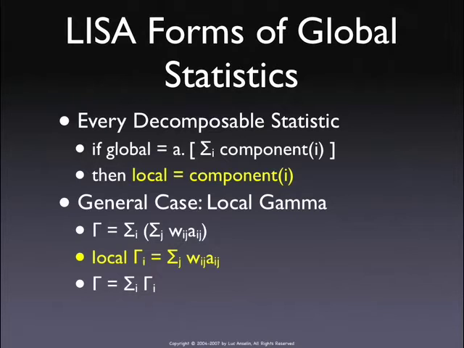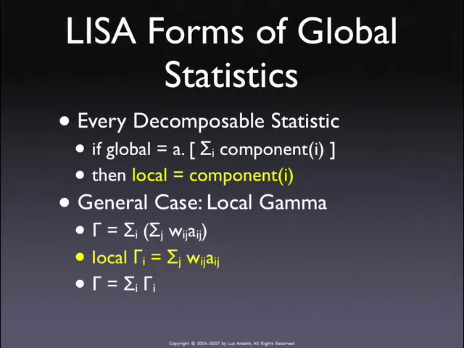For example, for Moran's I, this is a cross product. For Geary's C, it's a squared difference. But for each location, we can compute this. We don't need anything else to do that. And then if we add them all up, we get the global gamma statistic.